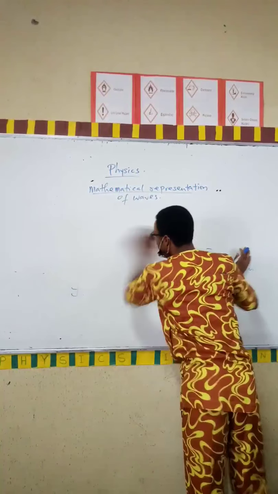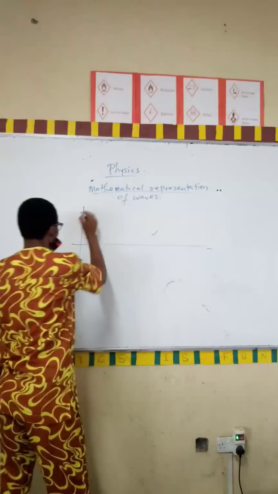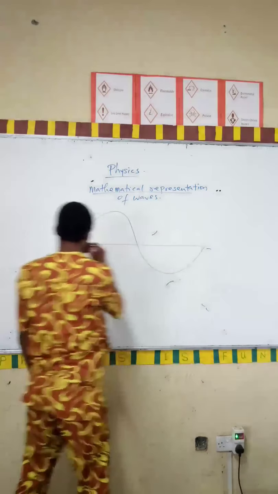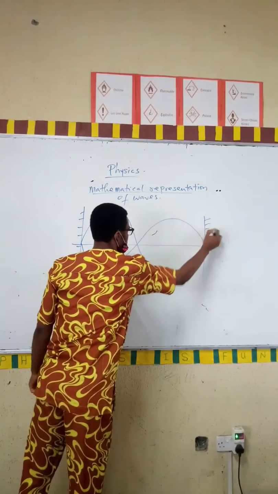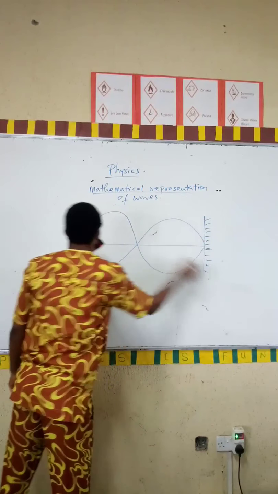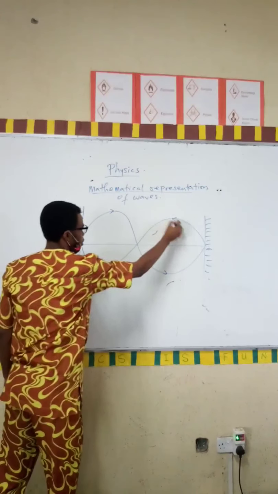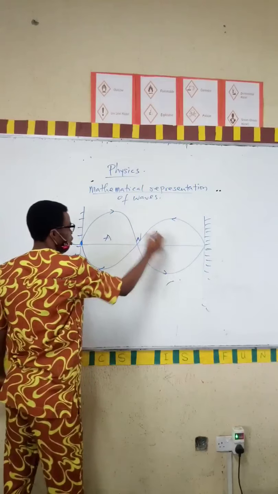We can show this more mathematically. So this is node, this is antinode, this is node, this is antinode, and this is node.